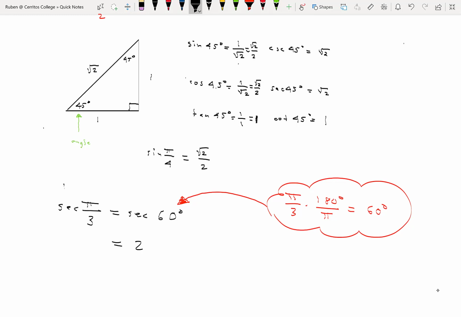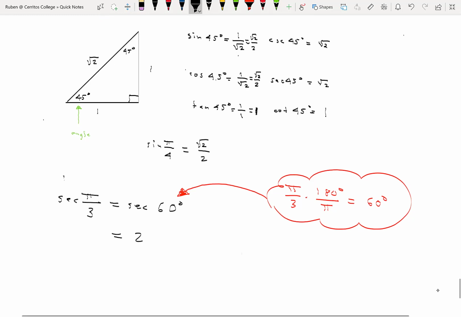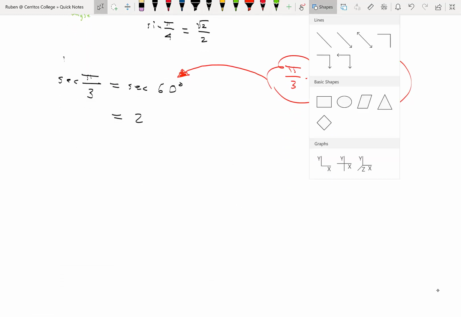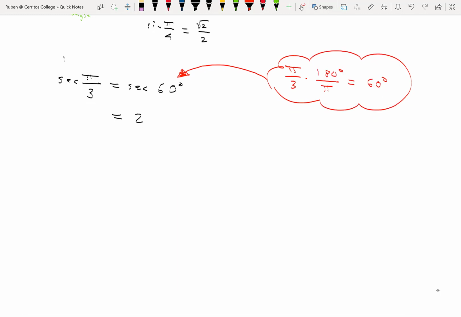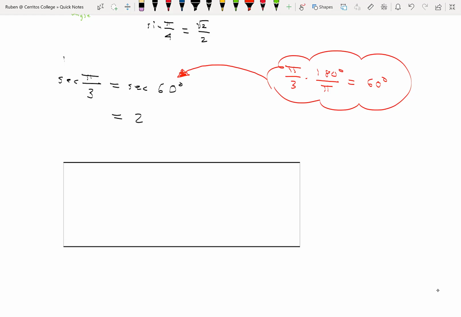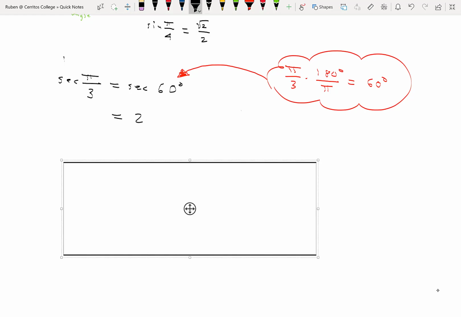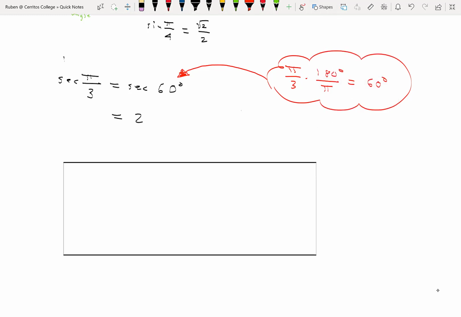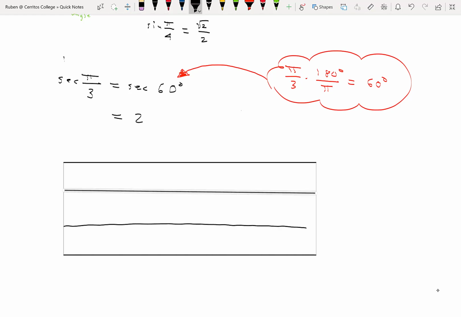Okay, so I'm going to set up a really nice chart of special angles here. I think it's real nice. So I need a chart. I'm going to construct a little chart here, and I need to divide up the chart into 3 segments.